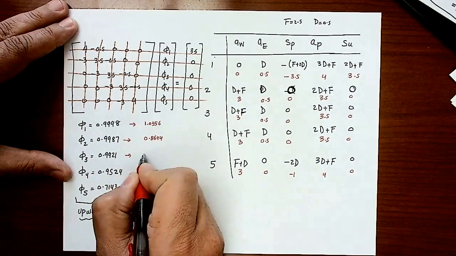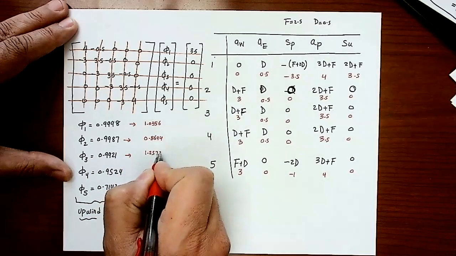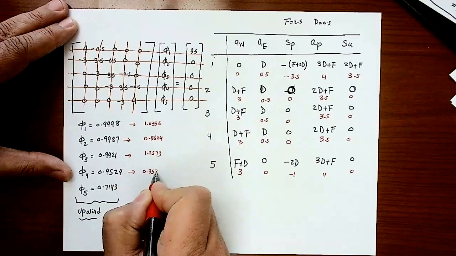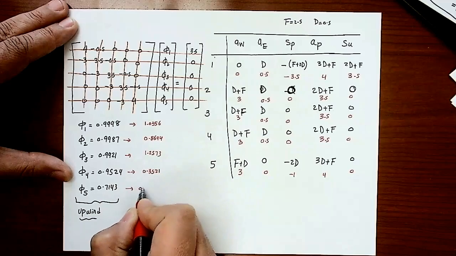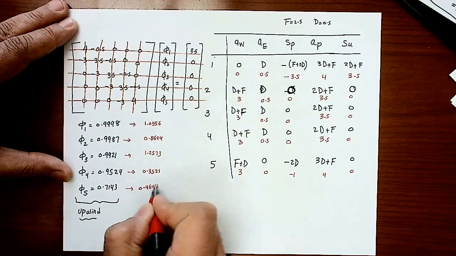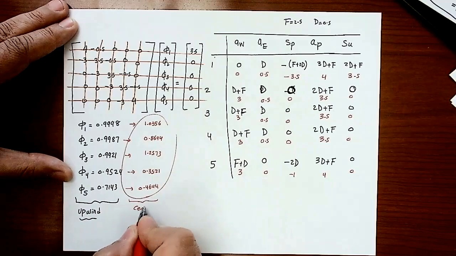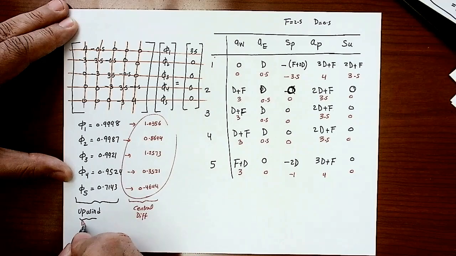This one was actually 1.2573. This value was actually 0.3521. And the last one was actually 0.4644. So this was the central differencing scheme. This is the upwind differencing scheme.